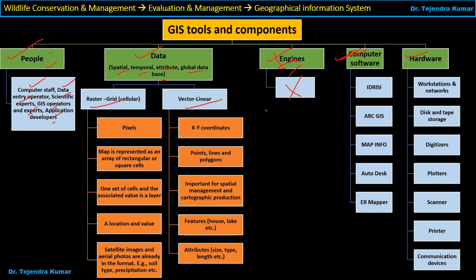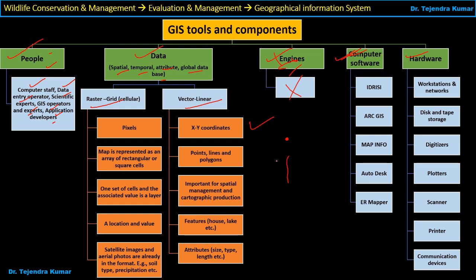So vector data, if you see, has xy coordinates. Likewise, this is the point. There are different types of coverages, like this is the point coverage. A point is showing a tower. A particular tower can be seen. Anything which is shown by a point. Sometimes it is a kind of line.